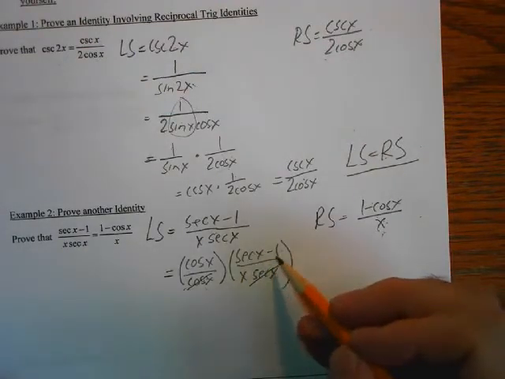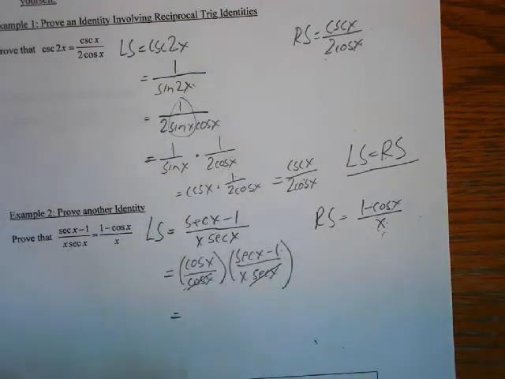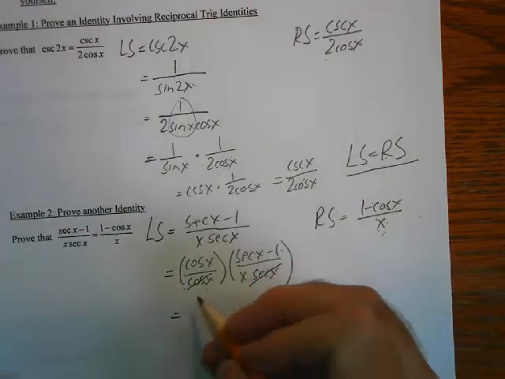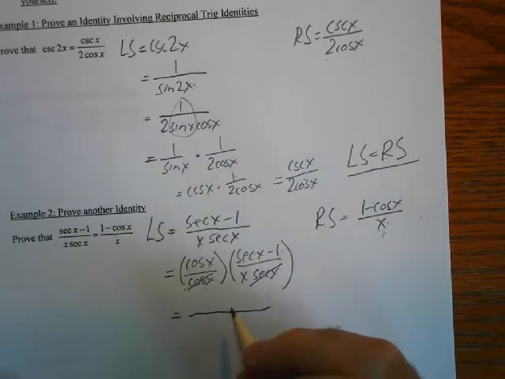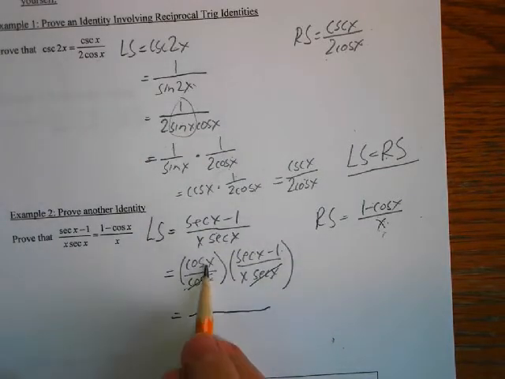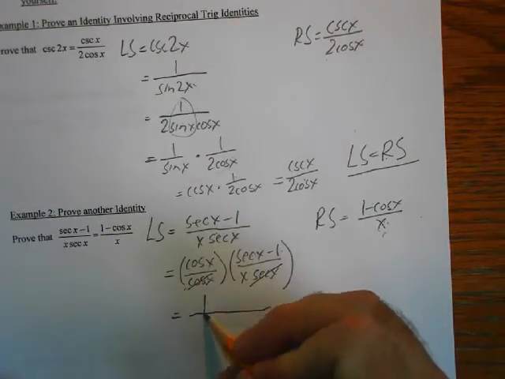So now what I'm going to do is actually distribute the top. So this is basically cos x times this two-term expression. So when we multiply that out, again, cos x times secant x, those are reciprocal. So from that, I'm going to get a 1.